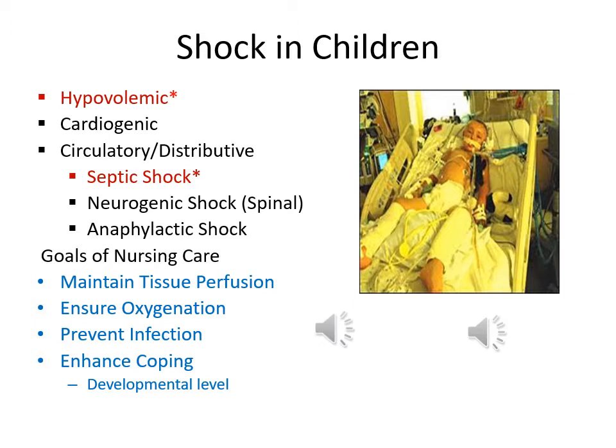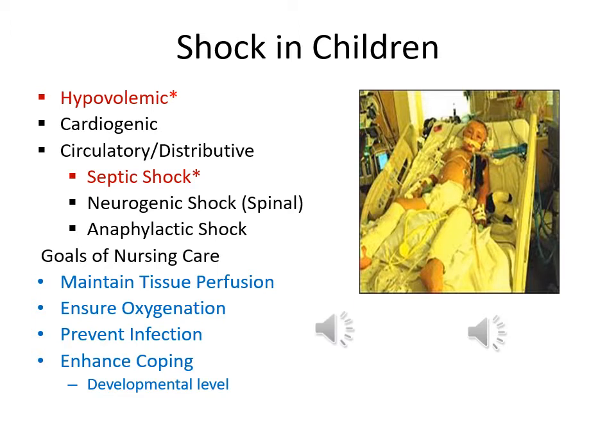And infants in particular have a large body surface and their metabolic rate is higher, and so they're more prone to an insensible fluid loss. So burns, hemorrhage, dehydration are all causes of hypovolemic shock in children.